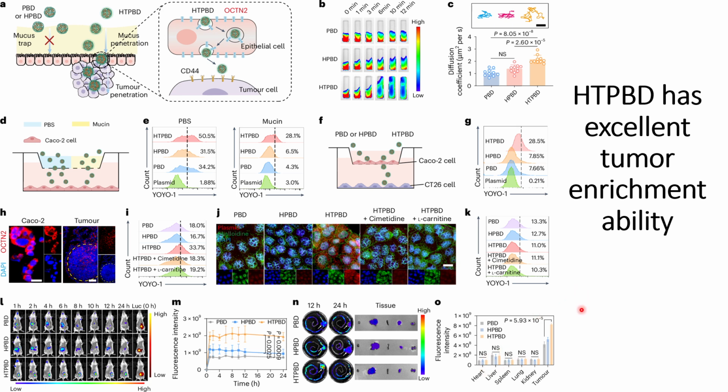This shows the specificity of their HTPBDs that can target the tumor sites but not the other sites, that is heart, liver, spleen, lungs, which are not affected by tumors.